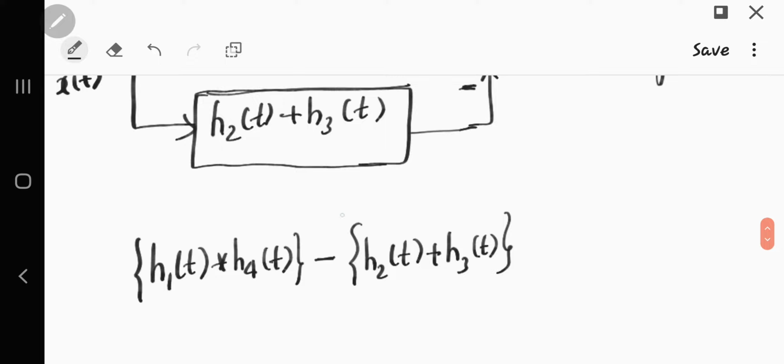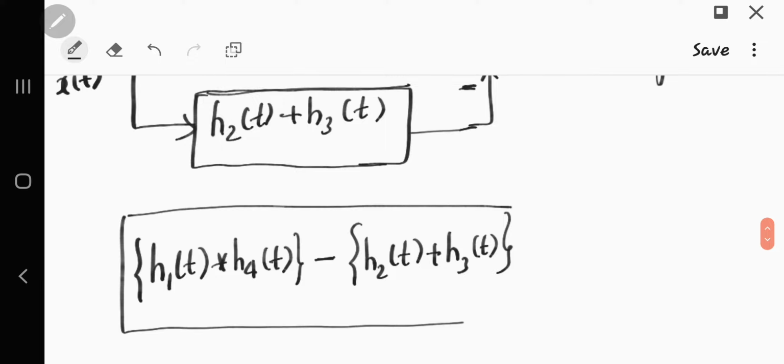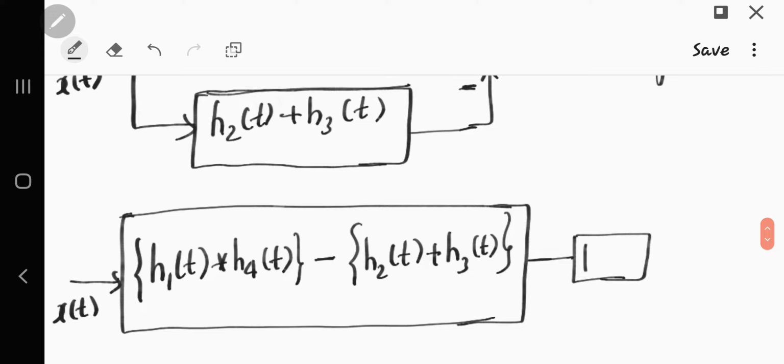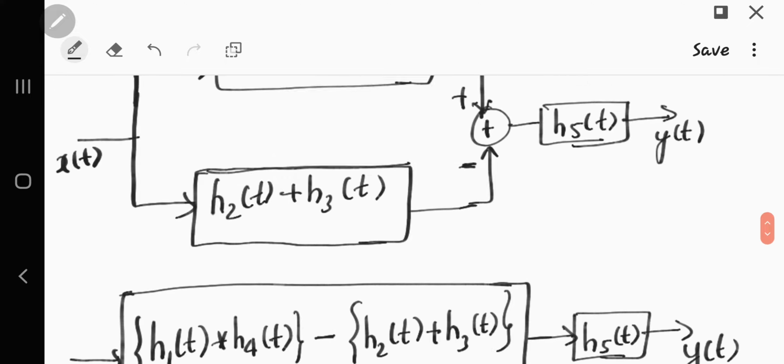This is the overall system response when reduced by applying the cascade and parallel connection properties, for which the input is the same, and this is connected in cascade with h5 of t to get the output y of t.